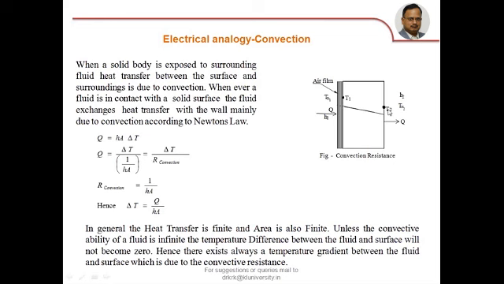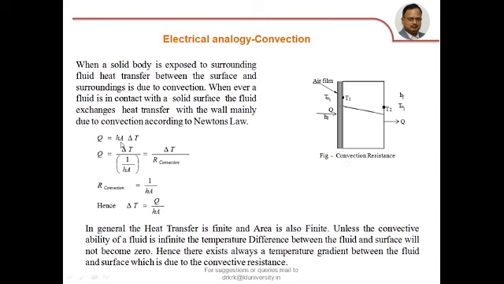Because convection is a surface phenomenon, the resistance offered for heat transfer from the surface into the environment is known as convection resistance. So all material bodies, when they are exposed to a convective environment with the finite value of convective heat transfer coefficient, will definitely be subjected to a resistance at their surfaces known as convection resistance.